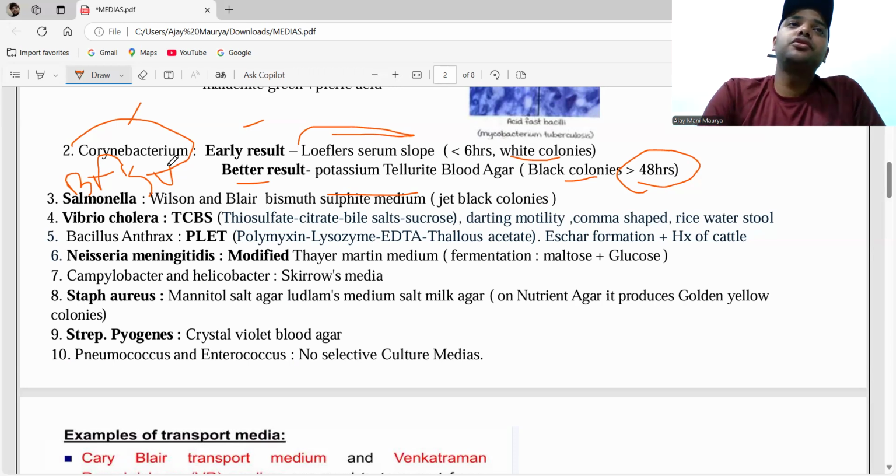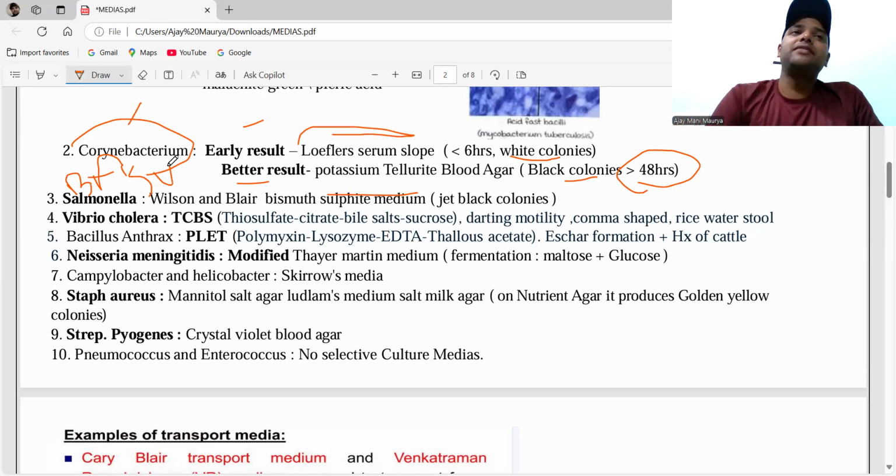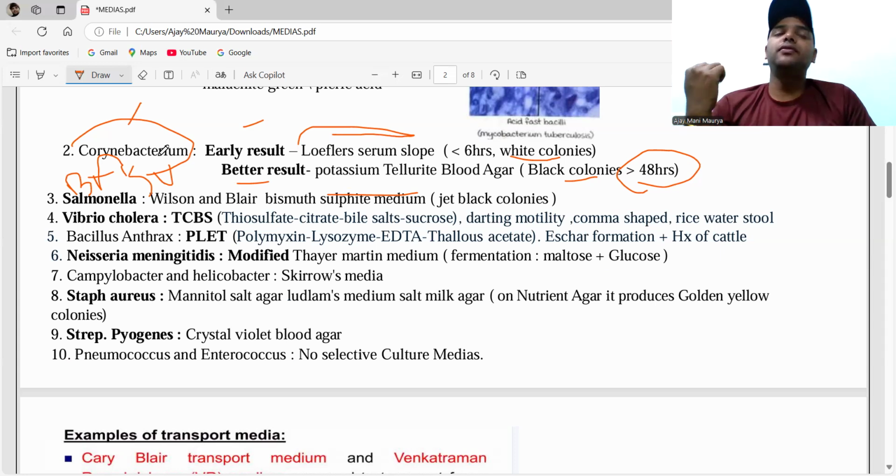The second week, you have to do the agglutination test, or Widal test. S for stool culture, U for urine culture, in the fourth week. Just remember this for Salmonella.